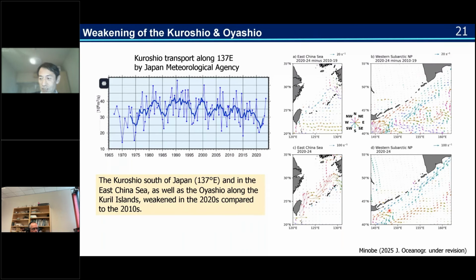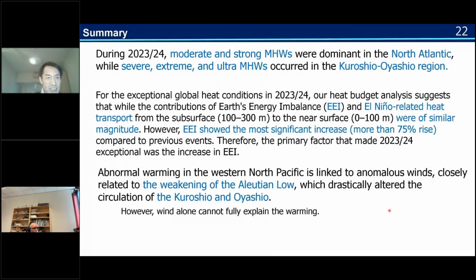So in order to save time, I won't read the summary, but marine heat waves are very important and prevalent, and the ocean heat content is important to global warming, and the Aleutian low plays an important role in weakening and northward push of the Kuroshio.